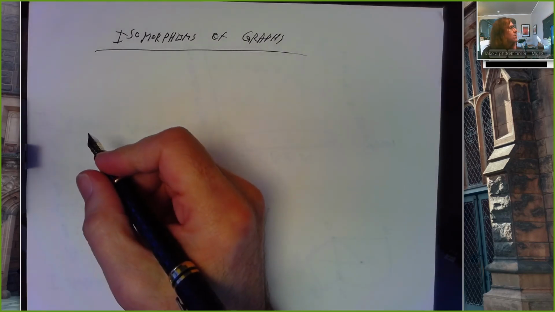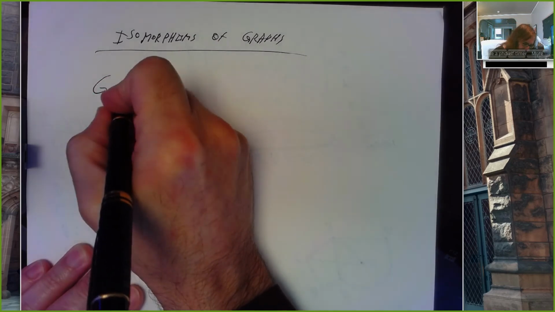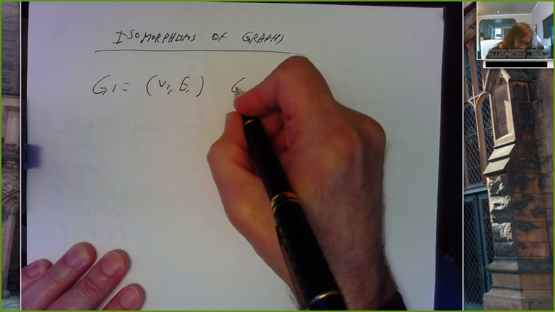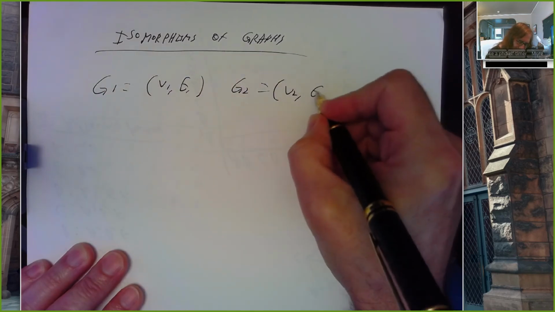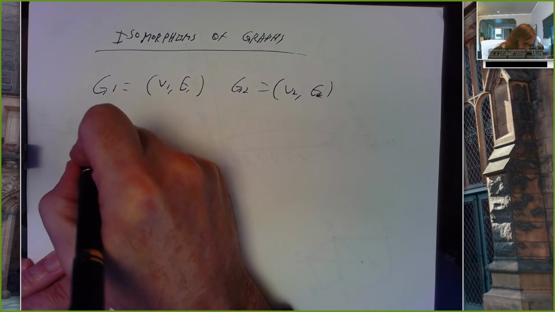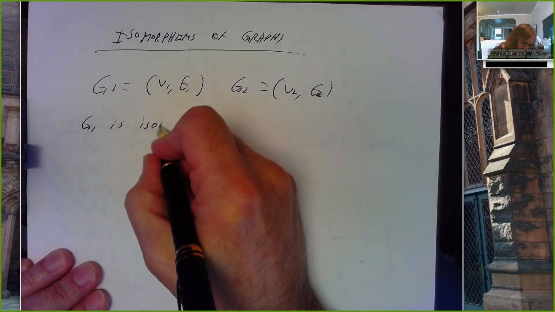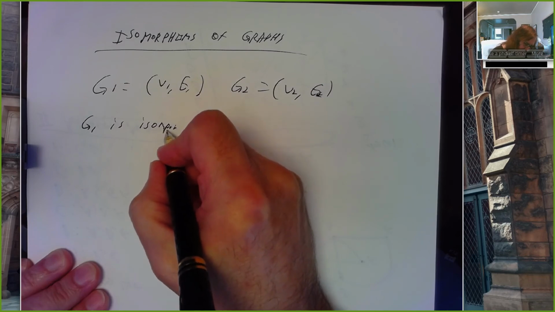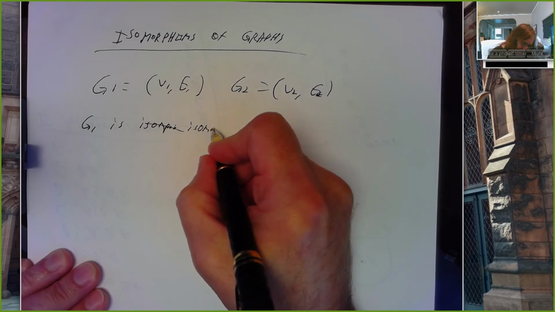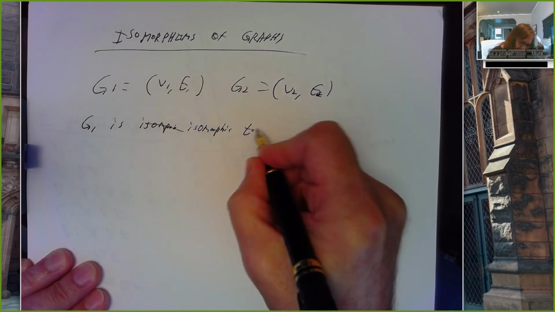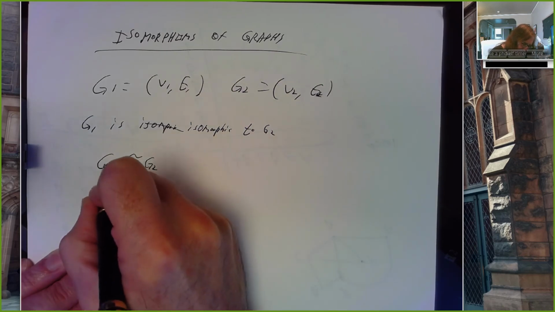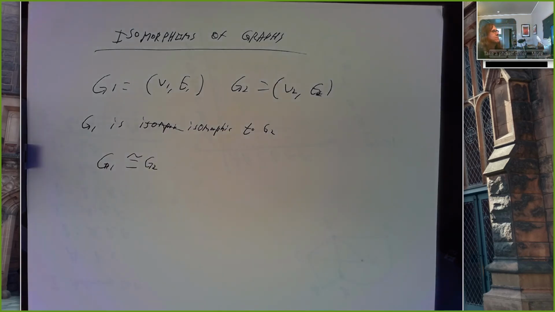So let's look at two graphs. So graph G1, which is comprised of vertices V1 and edges E1, and graph G2, which is V2, E2. So we can say G1 is isomorphic, we can't spell it, but we can say it. G1 is isomorphic to G2, which we sometimes write as an equal sign with a little tilde on top.